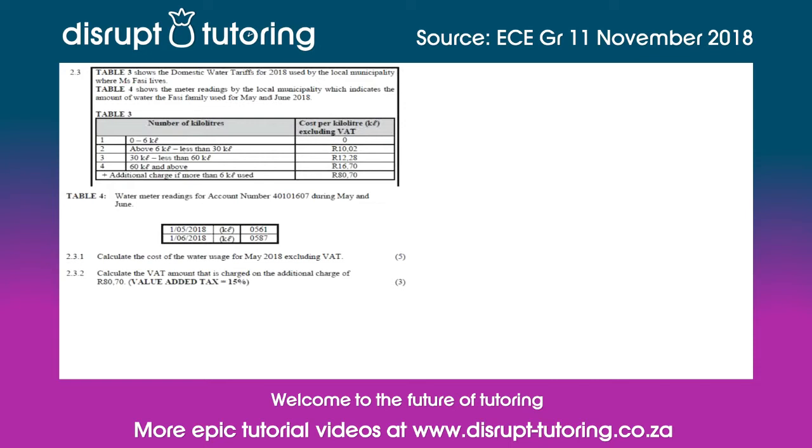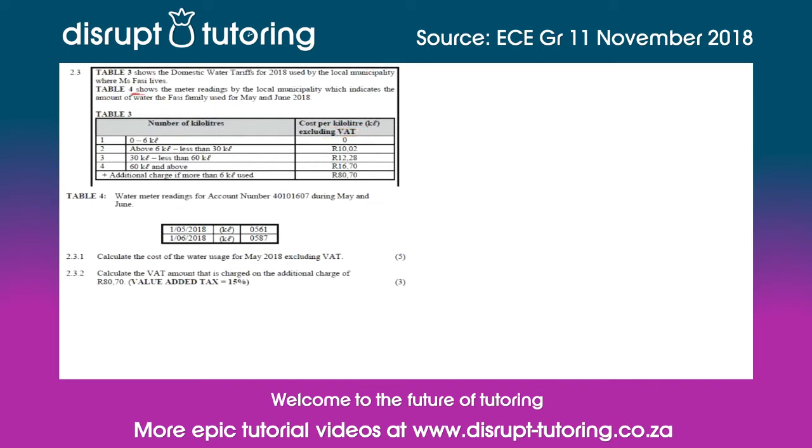If we look at this table, it gives us the number of kiloliters used. If it's from 0 to 6, it's 0 Rand, excluding VAT. And if it's above 6 kiloliters but less than 30, it costs 10 Rand and 2 cents per kiloliter, excluding VAT.